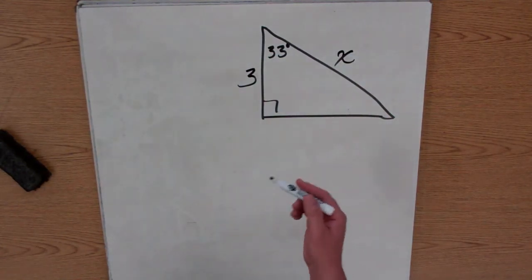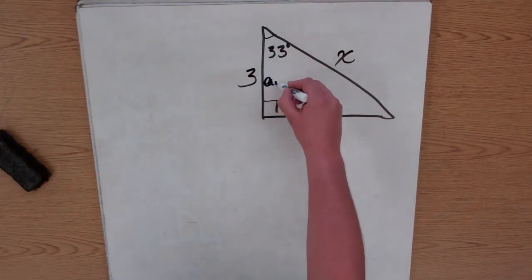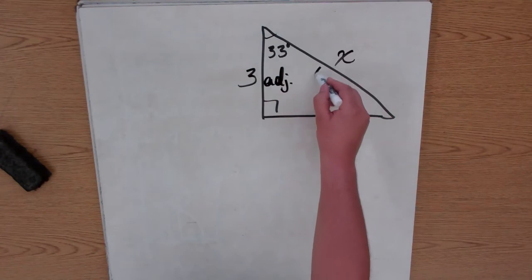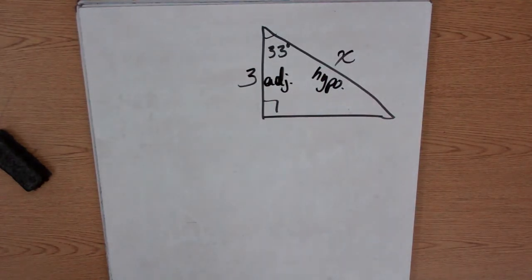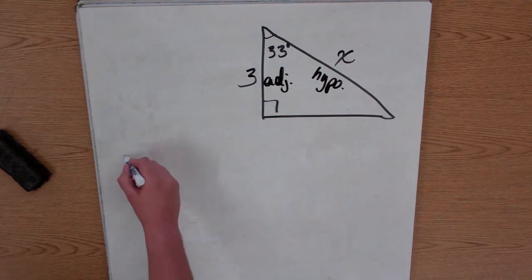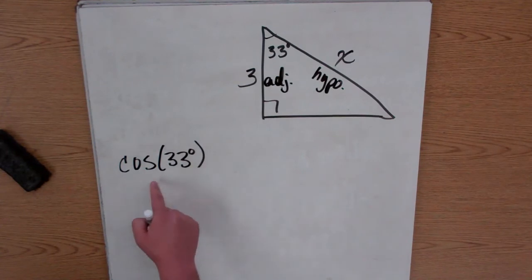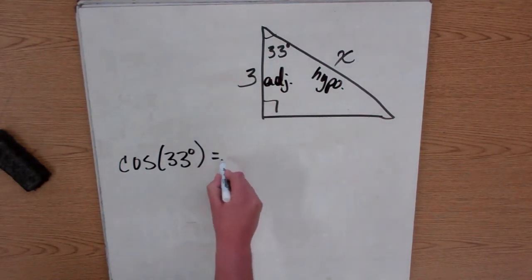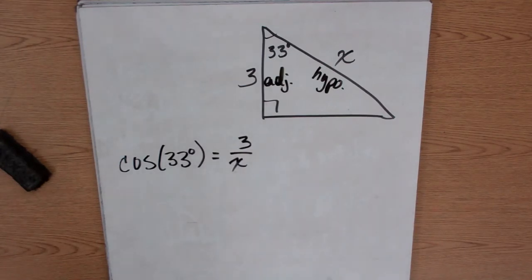So what we've got to do is figure out which trig function to use. You should automatically recognize by now that that's adjacent, and this is hypotenuse. So adjacent and hypotenuse, that's cosine. To set this up, the cosine of 33 degrees, because it's the cosine of our angle, equals adjacent over hypotenuse.